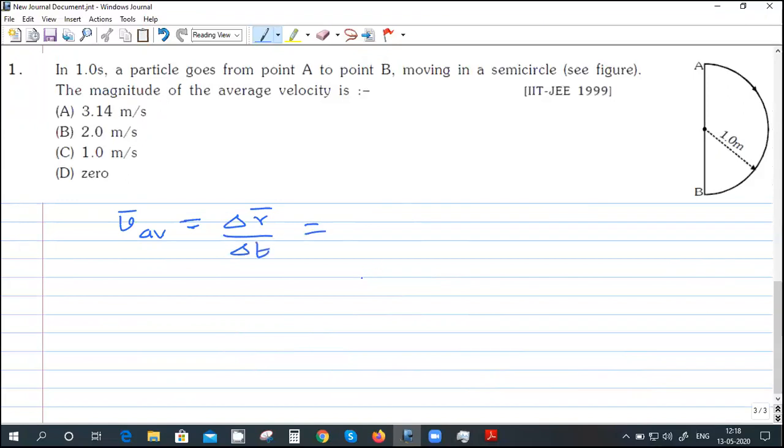What is delta R? We just consider the magnitude, is it the diameter? Direction is there, the magnitude is diameter. Sir, it is radius, no, it's going from A to B. Okay.